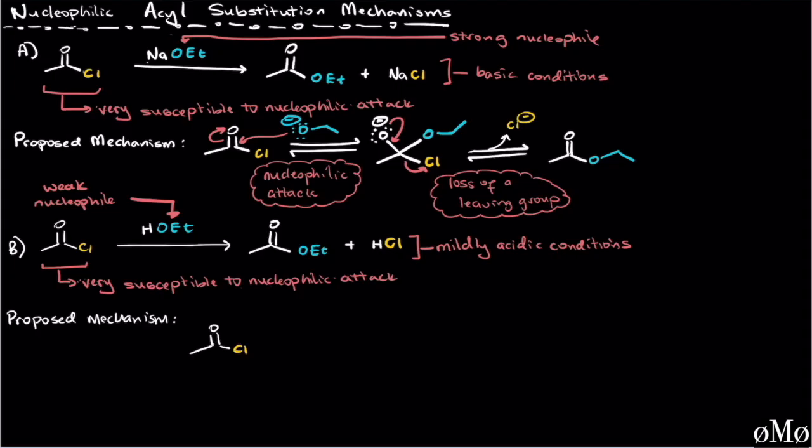Okay, so if we have an acid chloride, remember that we just said acid chloride is very, very susceptible to nucleophilic attack. It actually doesn't matter how weak the nucleophile is because of how reactive this acid chloride is.